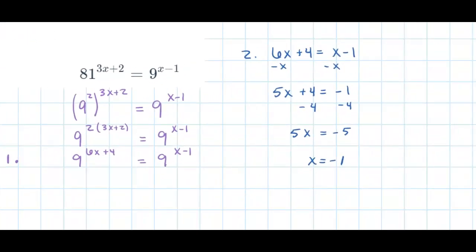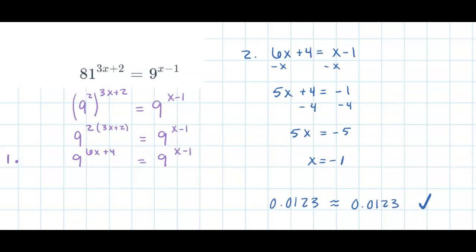Again, I'm going to use my calculator to check. And when I sub x equals -1 into both sides of this equation, I get the same number back, 0.012345678, on both sides.